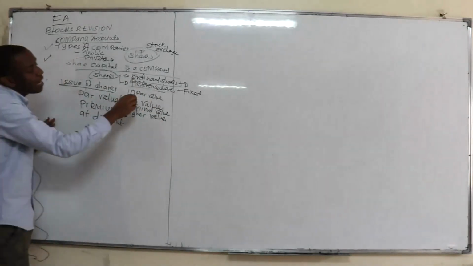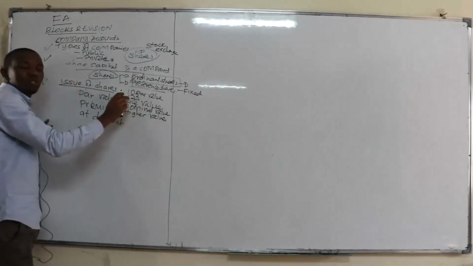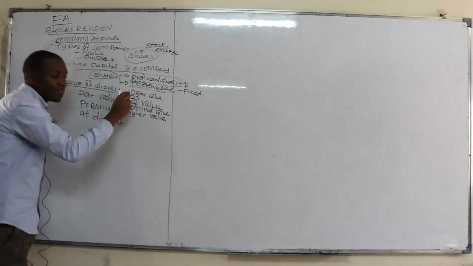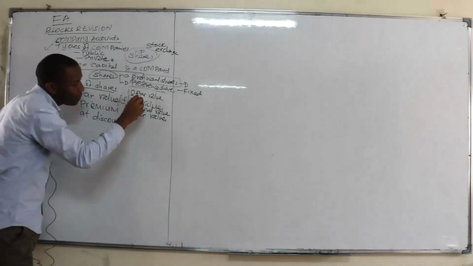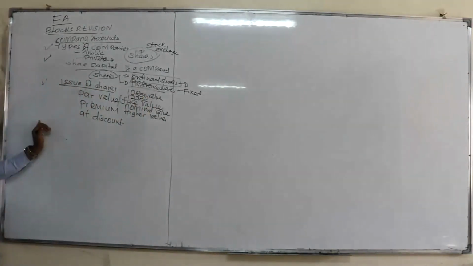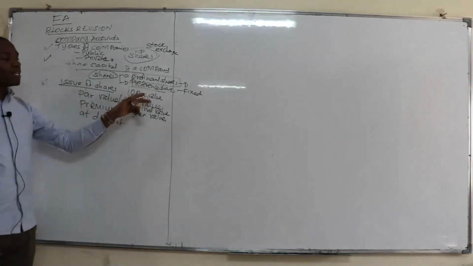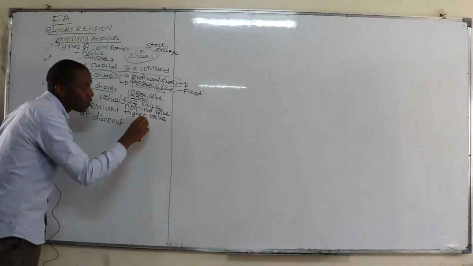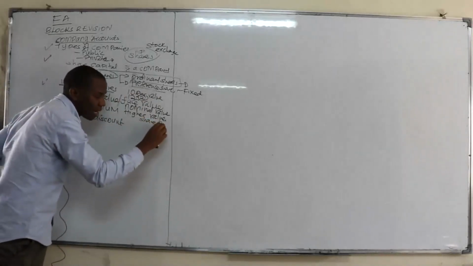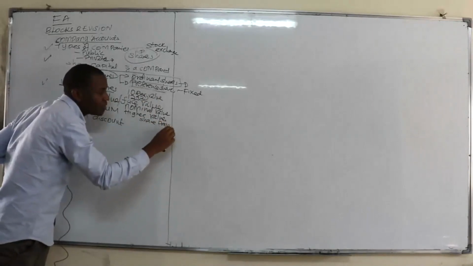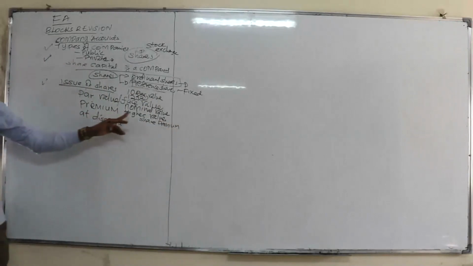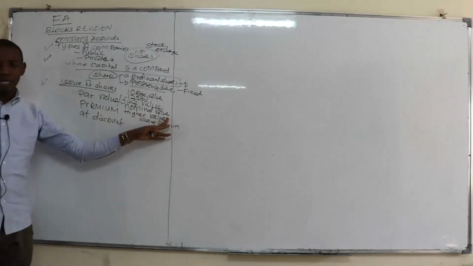This is now the issue of shares at a premium, a price that is higher than the par value. And the premium here is 2 shillings. So in this case, the difference of this amount is normally taken to what we call the share premium account. Share premium account is just like a reserve. That is now what you need to be aware of in that regard.